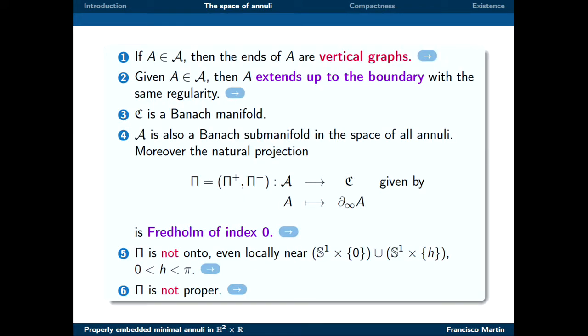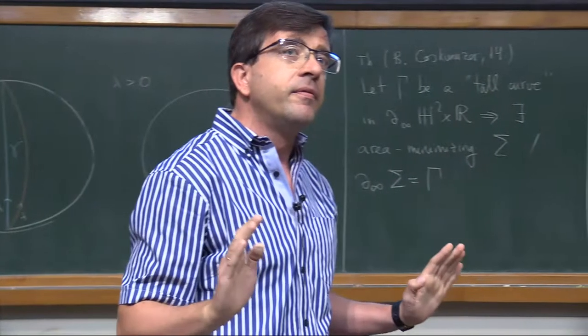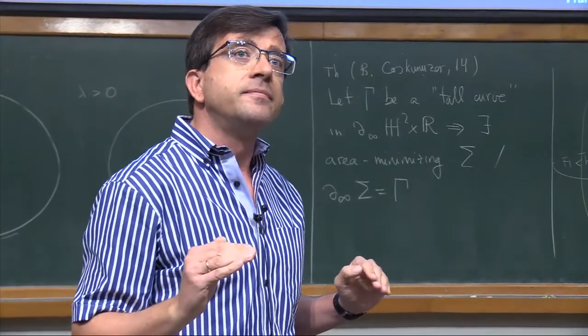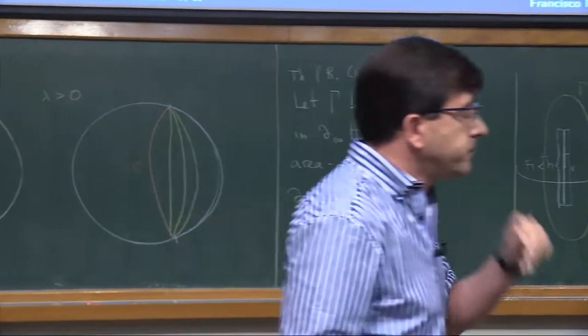So we have these results. First, that if you have an annulus and the boundary of the annulus is a C2 alpha curve, which is a graph, then the ends of the annulus are graphs, which is not trivial.